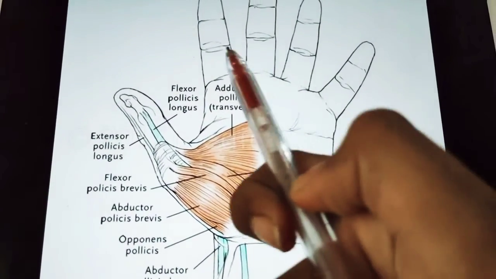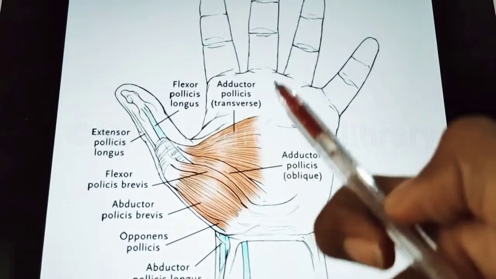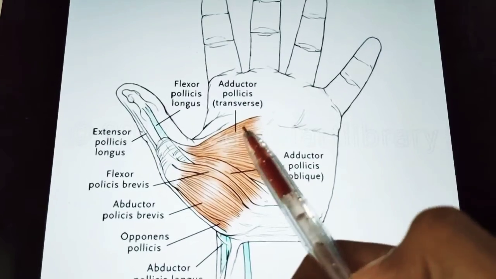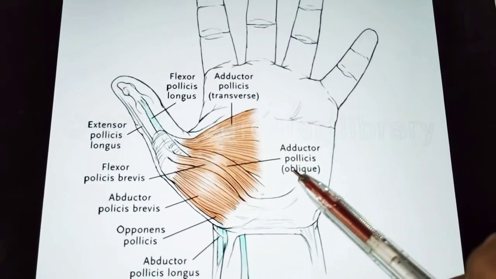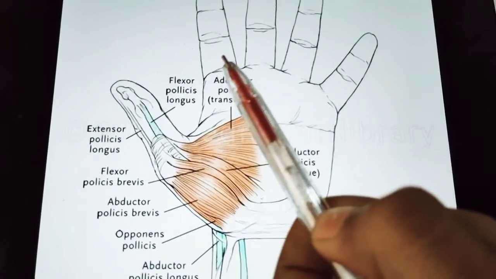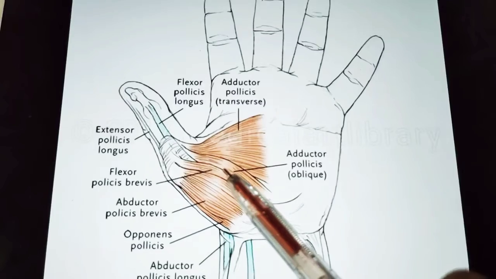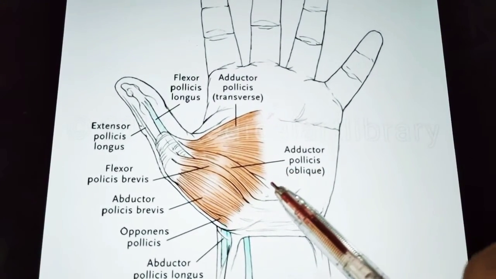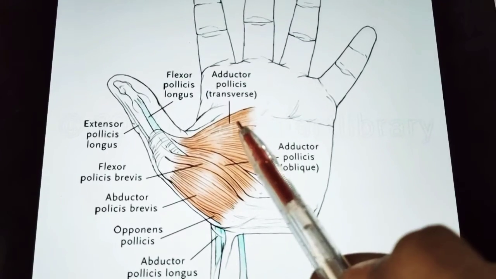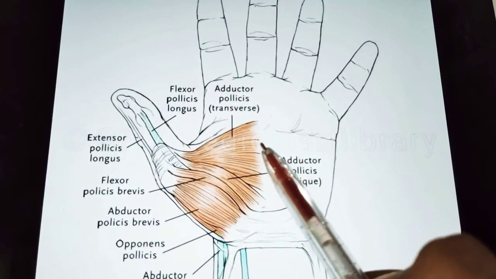You can easily see this. This is the first, this is second, third. So from exactly the third metacarpal, the third metacarpal gives origin to the transverse head of adductor pollicis, and the oblique head is getting its origin from the second and third metacarpals. But remember that the oblique head gets its origin from the bases of the second and third, while the transverse head gets its origin from the third metacarpal's shaft.